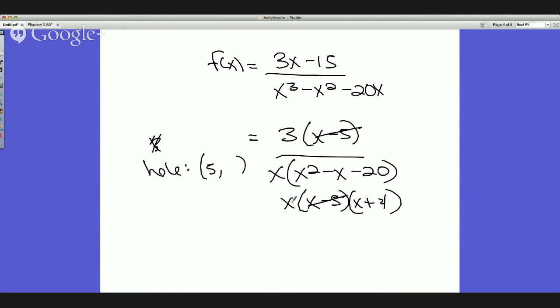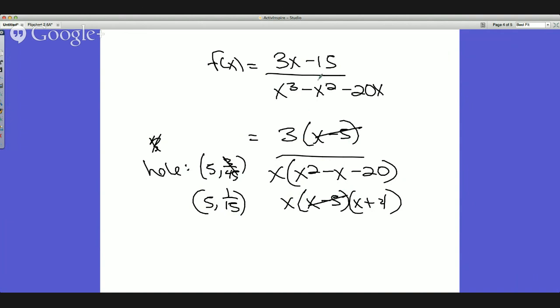And if I did that, I would get 3 over 5 times 9, which would be 3 over 45, and I could reduce this to 1 over 15. So it should be 5 comma 1 over 15 would be my hole. Was that your question? Yes, sir. And then vertical asymptotes would be x equals -4 and 0.